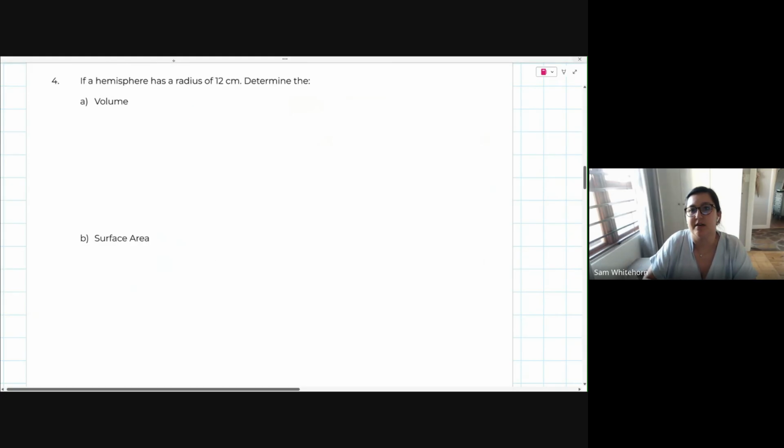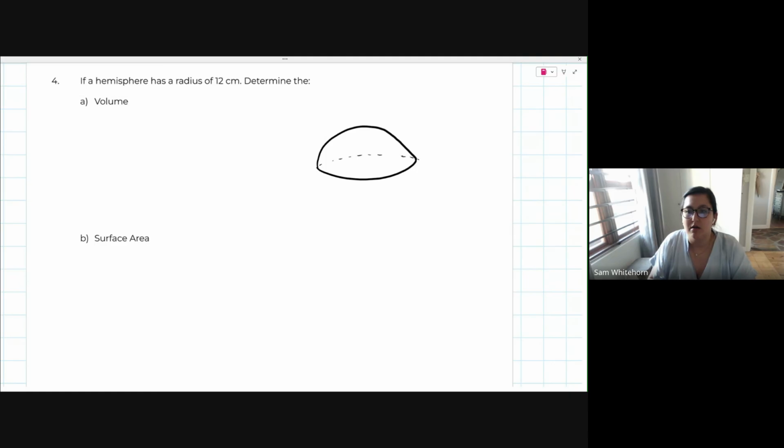So it's half a sphere. So much like anything, if we were to cut it in half, we just need to be mindful of what that means. Now, I don't know how well I'm going to draw this hemisphere, but we're just going to roll with it. It was average. Okay, so there's my hemisphere, and we're told that it's got a radius of 12 centimeters.